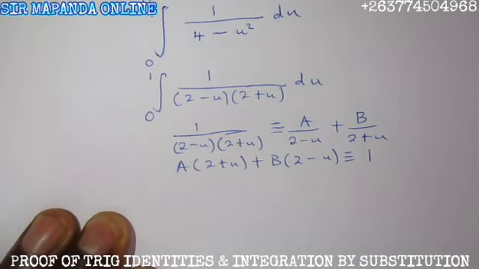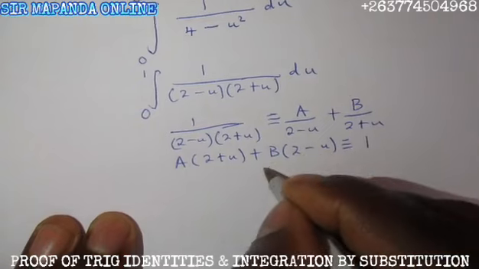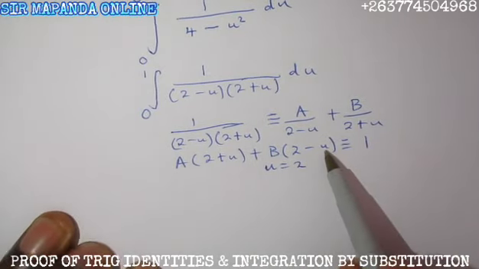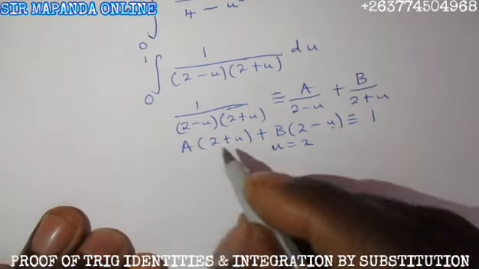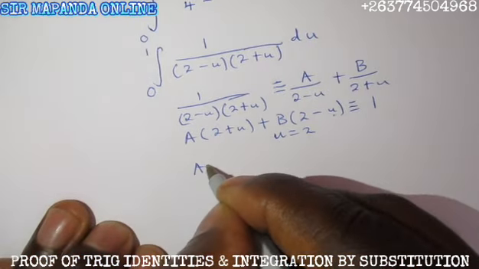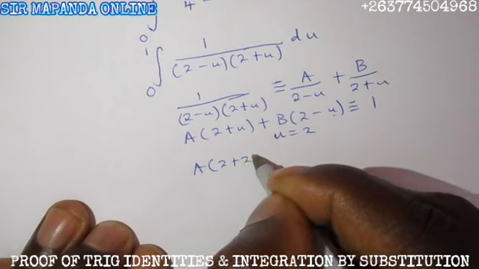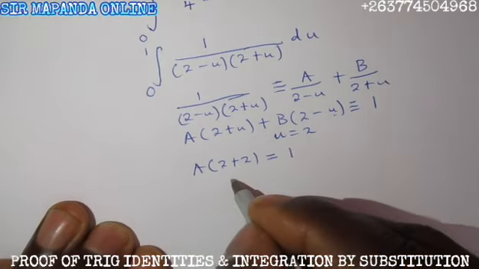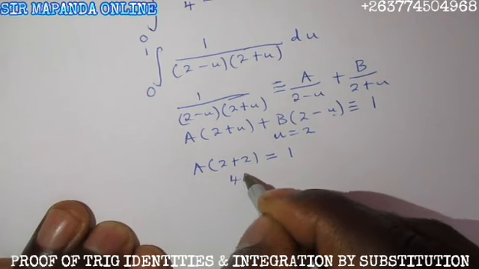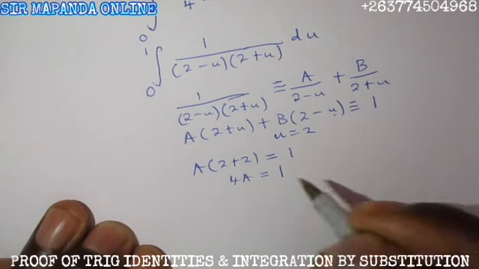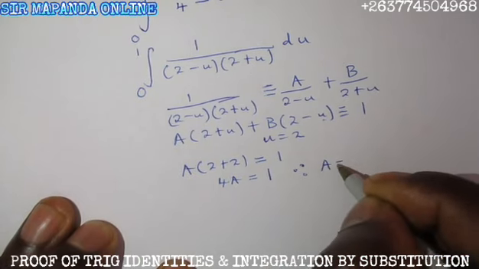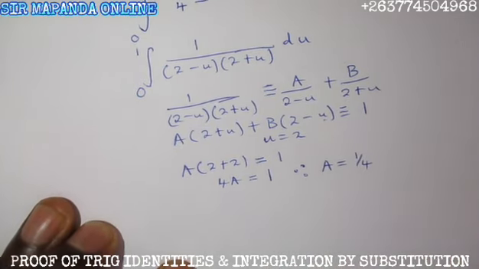We want to use the elimination approach. When u is equal to 2, we'll be able to eliminate b for us to find a. So a is equal to 2 plus 2, placing 2 on u, is equal to 1. So this becomes 4a is equal to 1. Therefore, a is equal to 1/4.